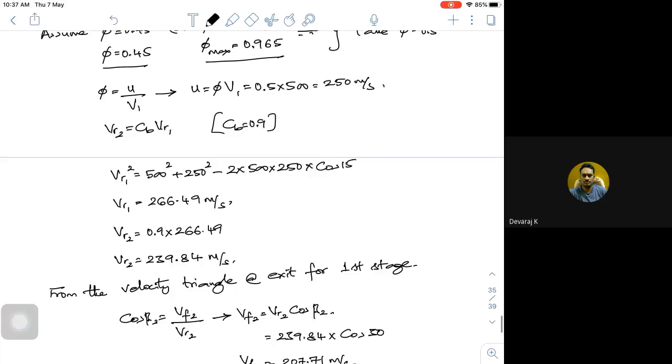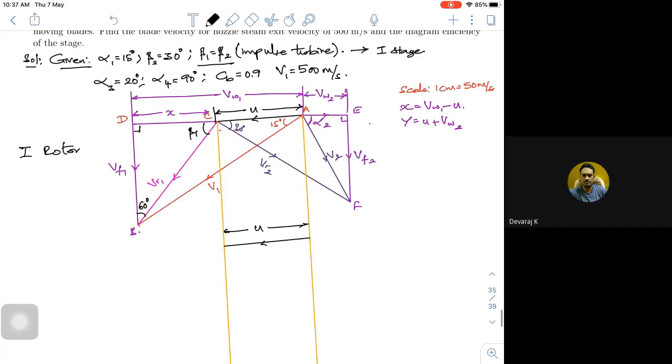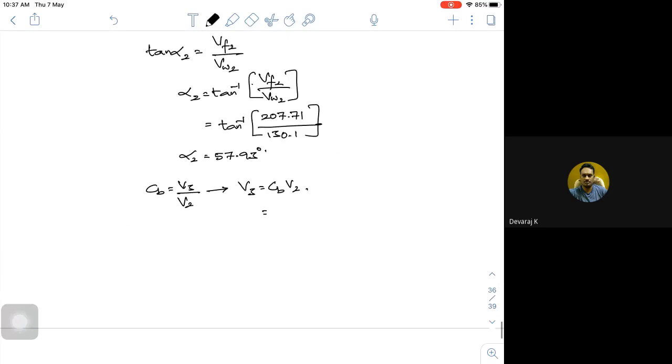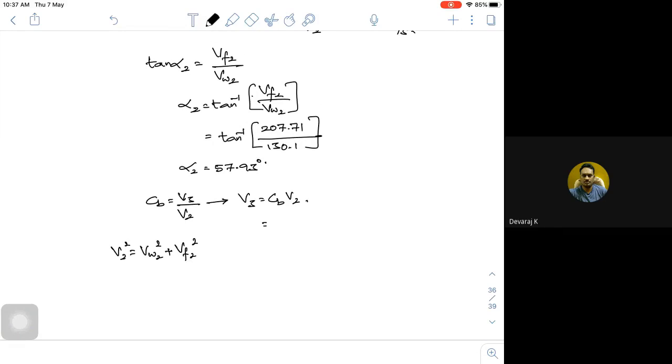V2 I can calculate as V2 square is equal to VF2 square plus VW2 square. If you are using trigonometric principles, or if you are using the graphical method, directly you can get it. So VW2 is 130.1 square plus VF2 is 207.71 square, and take the square root of it.